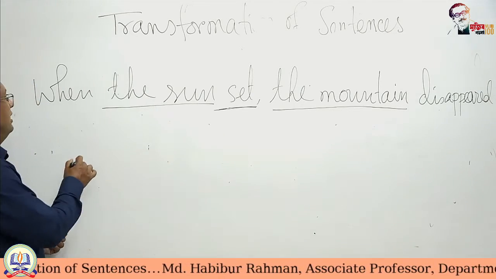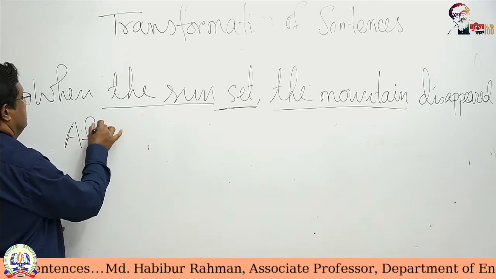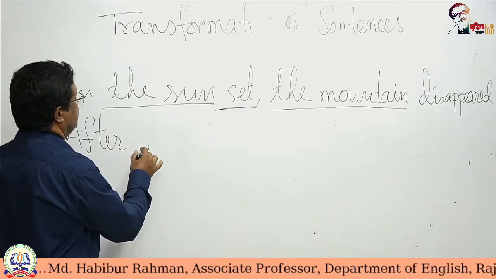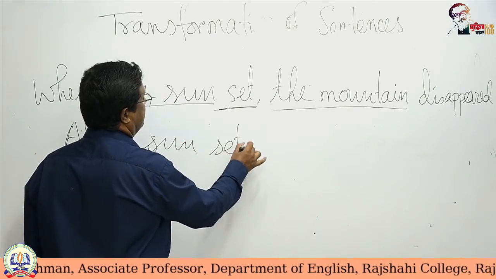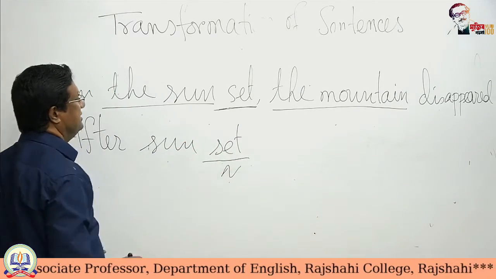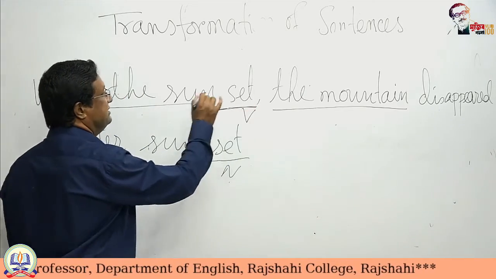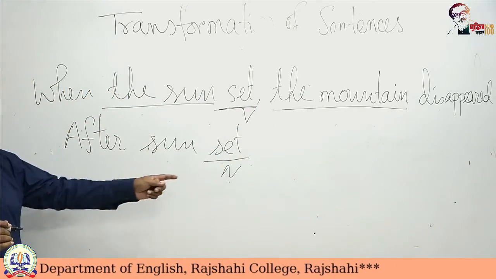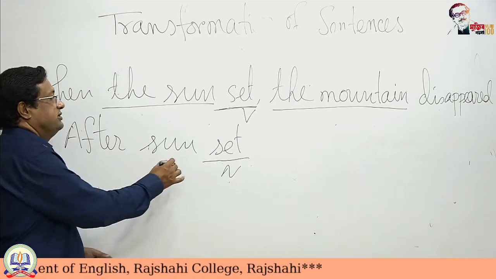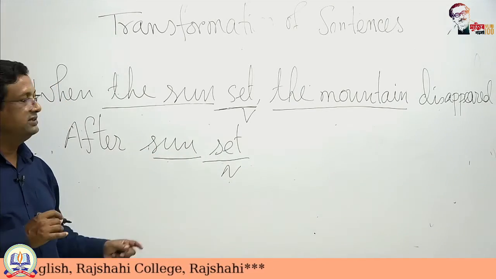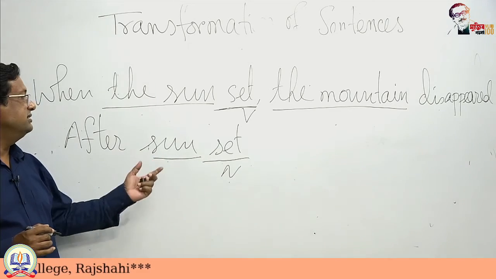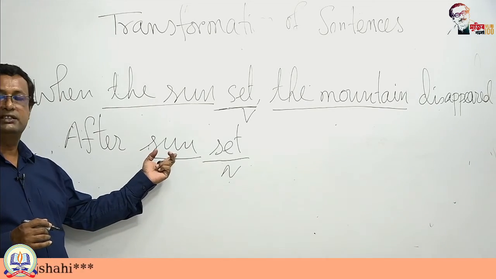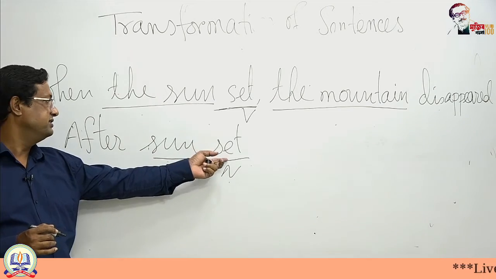So after sunset. Here set is a noun, not a verb. There set is a verb, this is a noun. After sunset, so sun is a noun adjective. This sun is acting like an adjective or modifier, a pre-modifier of set.